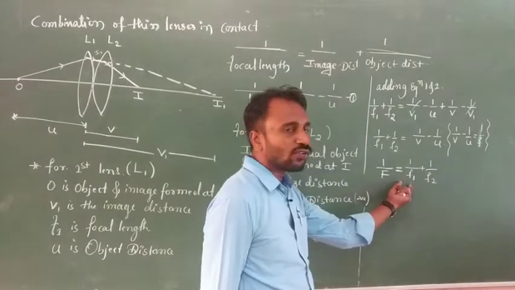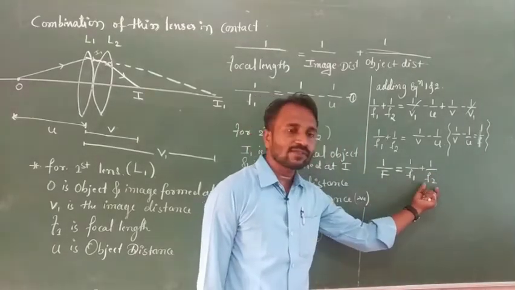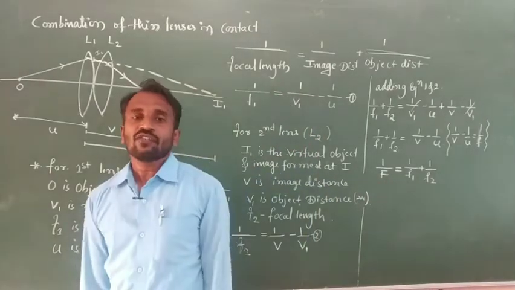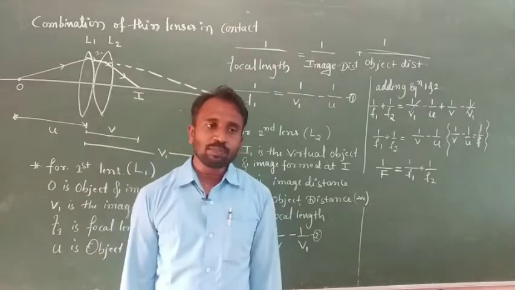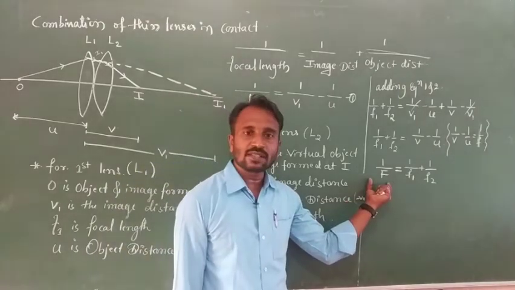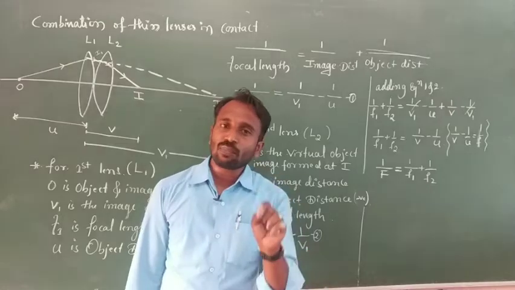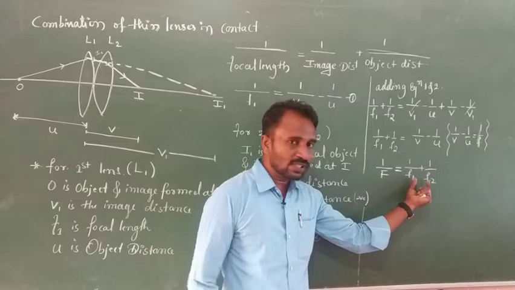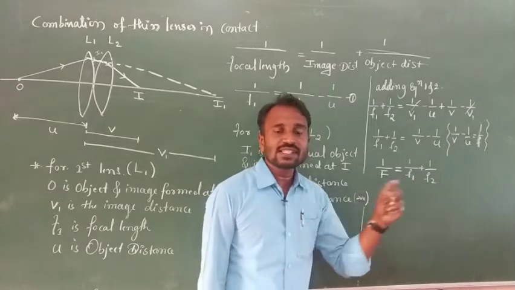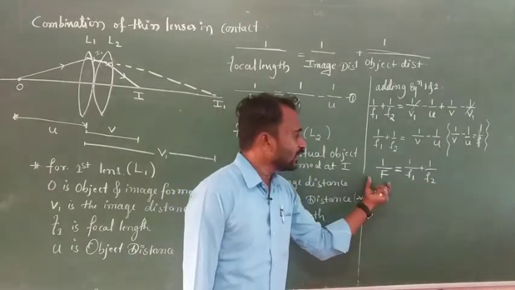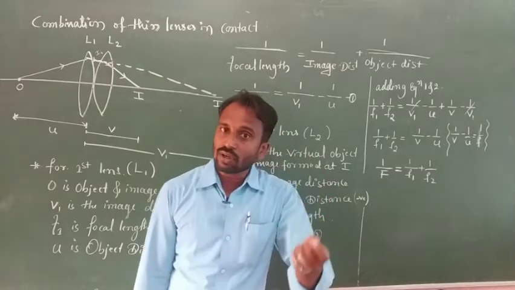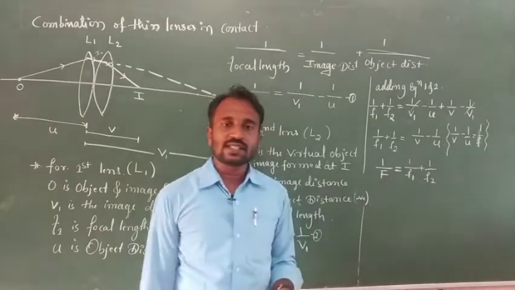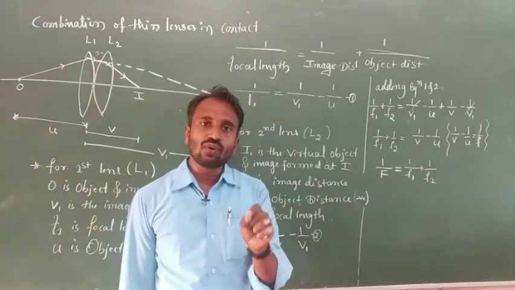Here f1 is the focal length of the first lens, f2 is the focal length of the second lens, and capital F is the effective focal length, the focal length of the combination of lenses.